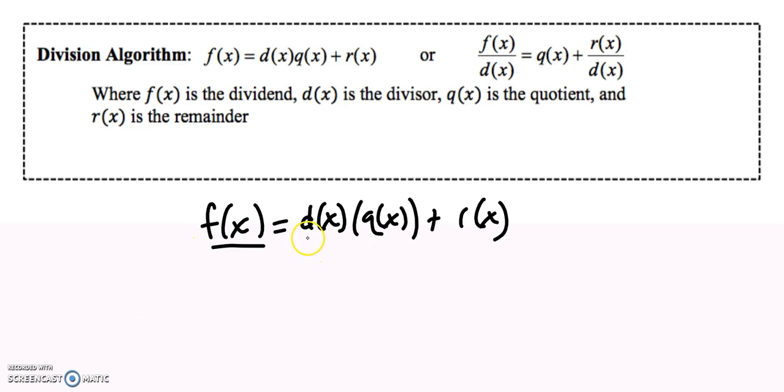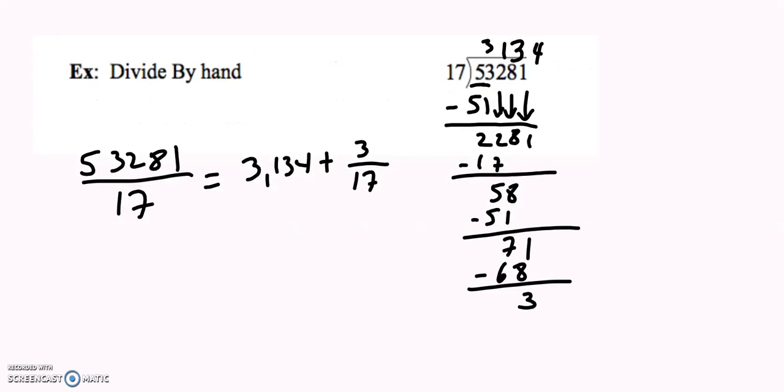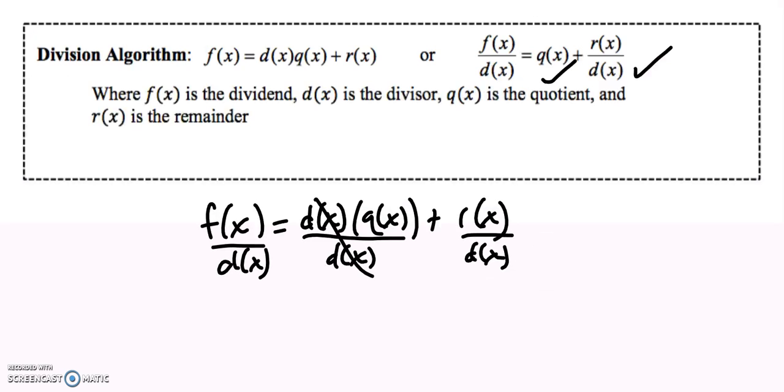If I divide everything by d of x, this d of x cancels, and I'm just left with the quotient plus the remainder divided by d of x. That's what we got in this part. When I divided some number by a divisor, it gave me the quotient plus the remainder over the divisor. The trick is we're going to be using that with functions though.